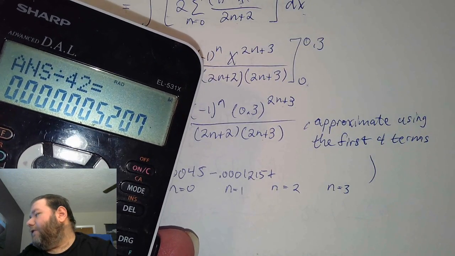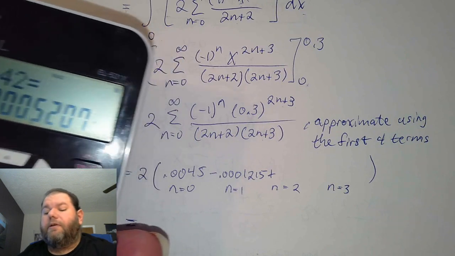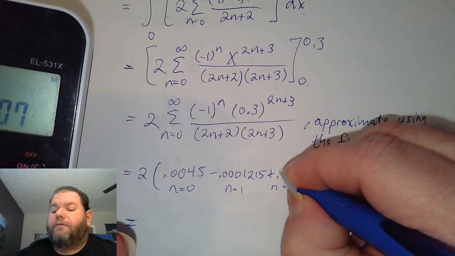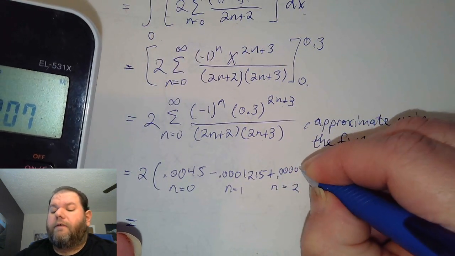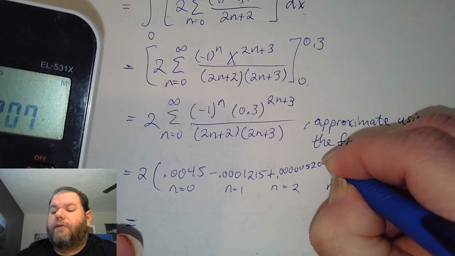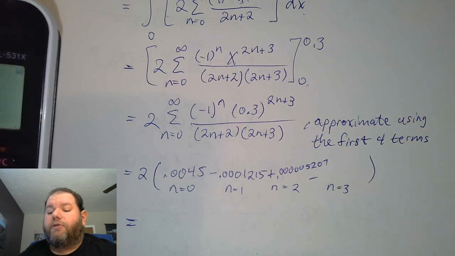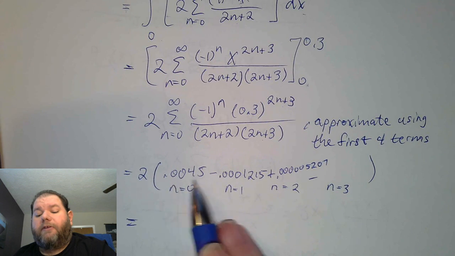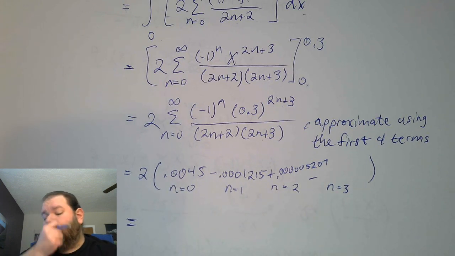So we get 5 leading zeros and then 5207. And the next one will definitely be negative because we know it alternates: plus, minus, plus, minus.